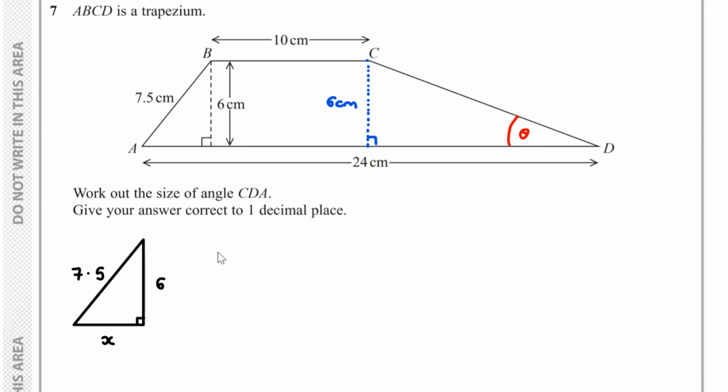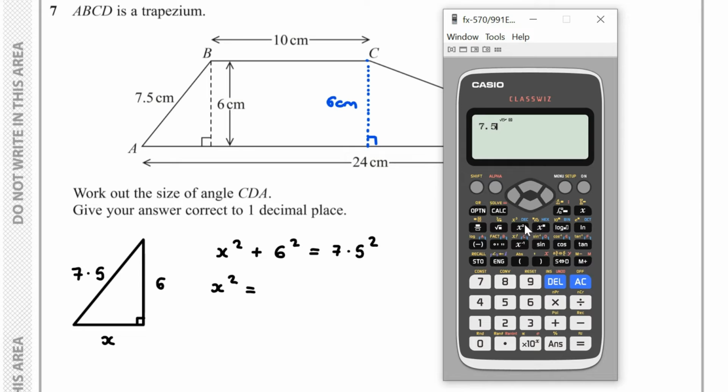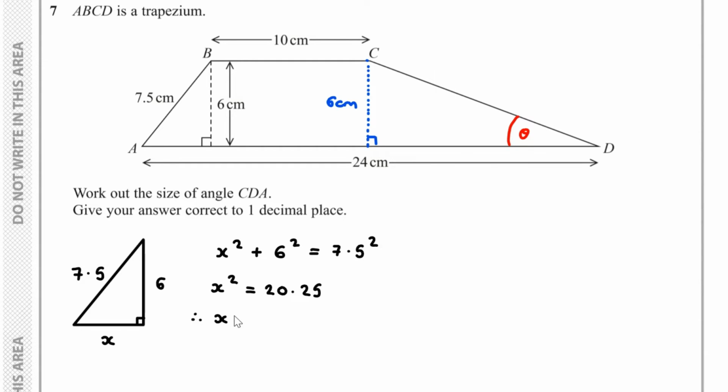So through Pythagoras, x squared plus 6 squared equals 7.5 squared, and we need to find out what x is. If we find out what x squared is, that's equal to 7.5 squared take away 6 squared, which is 20.25. So x squared is equal to 20.25, and therefore, if we square root this, we get x equals 4.5. So we have 4.5 centimeters here.